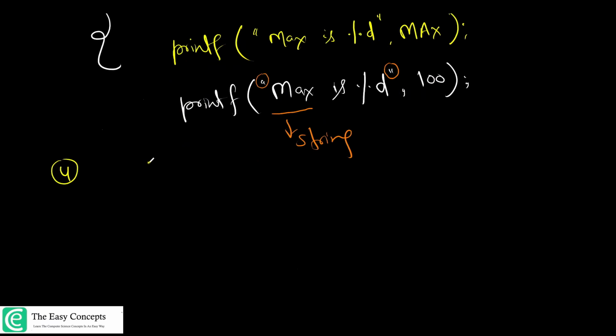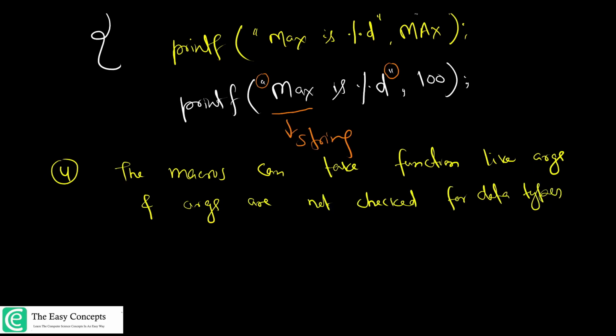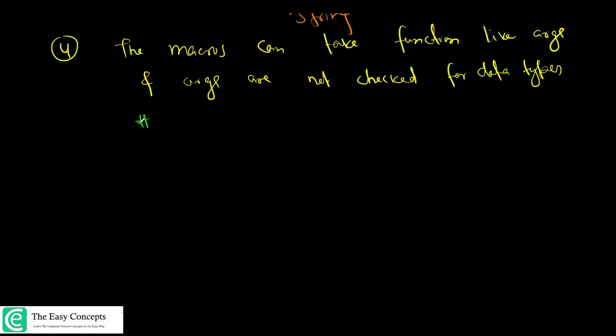So the fourth point is that macros can take function-like arguments, and the important point here is that arguments are not checked for data types. So what does this mean? Let me show you an example. Suppose you are writing a C program, #include <stdio.h>, and we are defining a macro which is taking x, and it should be replaced by ++x at every place.